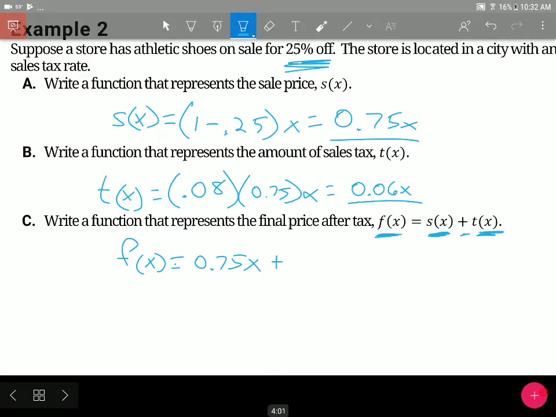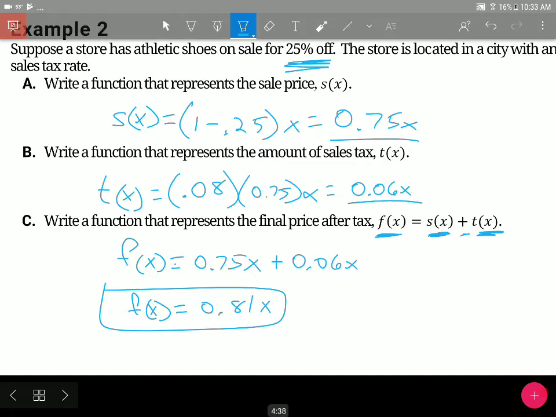What's your equation for the tax? 0.06x. So I literally took the S function and added it to the T function, the sales function plus the tax function. And now what can you do to those two? You can combine them. So if I have 0.75 and 0.06, how many x's do we have altogether? 0.81.